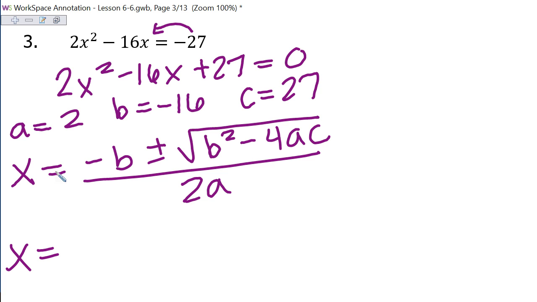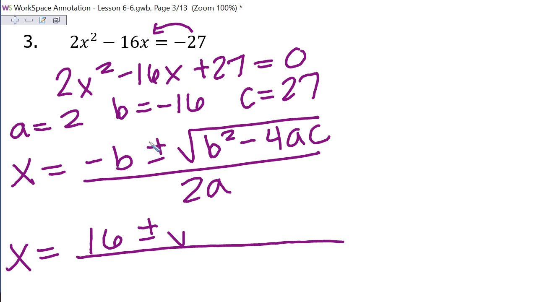And once you've written down your quadratic formula, substitute in your values. So negative b means the opposite of b. So b is negative 16. What's the opposite of negative 16? Positive 16 plus or minus square root. What do I put for b? Negative 16.